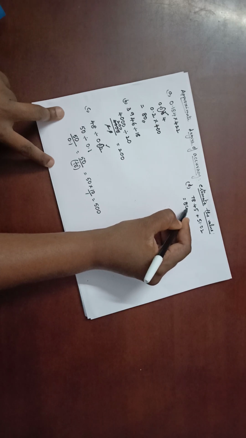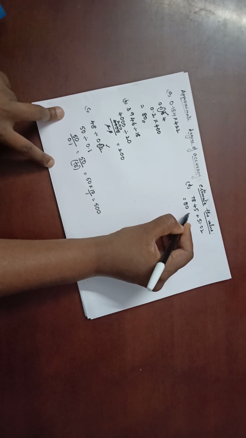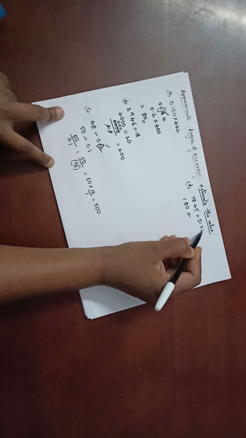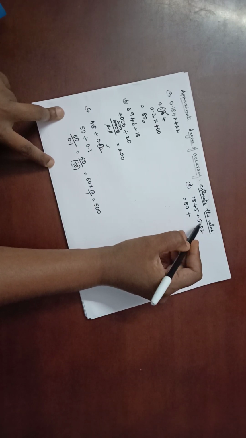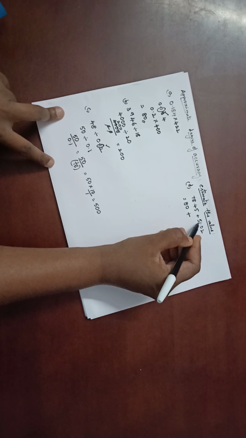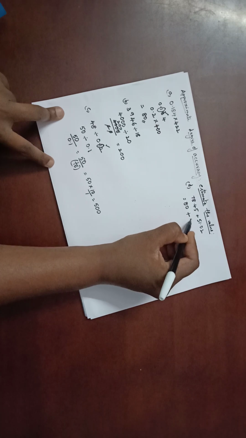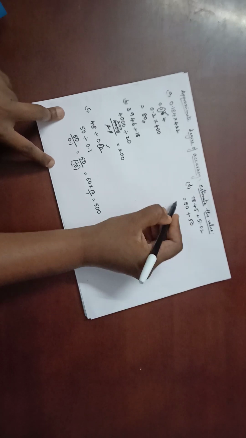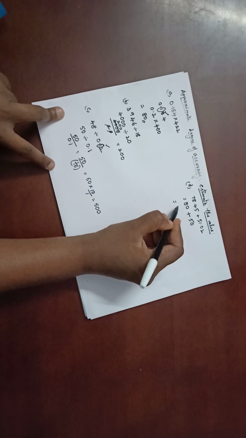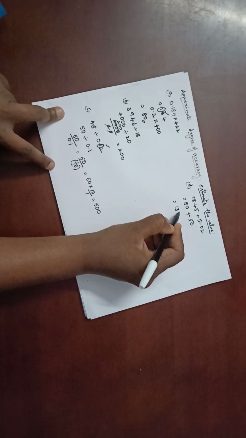So your round off number is 80 plus. No need to think about the decimal now to estimate the value. 51 is in between 50 and 60, nearer to 50. So your round off value is 50. So 80 plus 50 is 130.